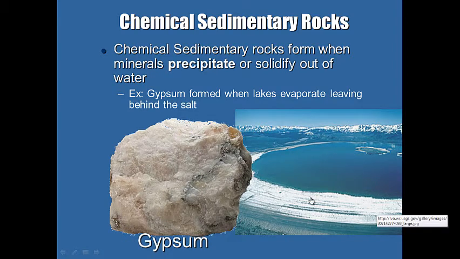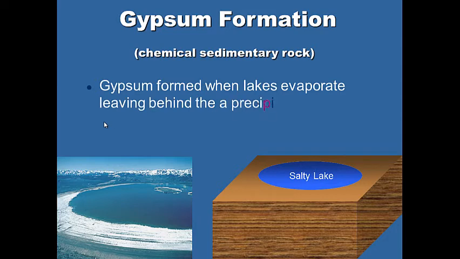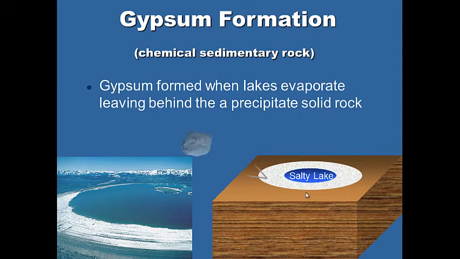If you've ever been to Utah or Nevada in the summertime, you've seen these lakes evaporate and they leave behind a chalky white substance known as gypsum. So, gypsum formed when lakes evaporate, leaving behind solid rock here. So, in the summertime, this solid chalky white substance is gypsum.